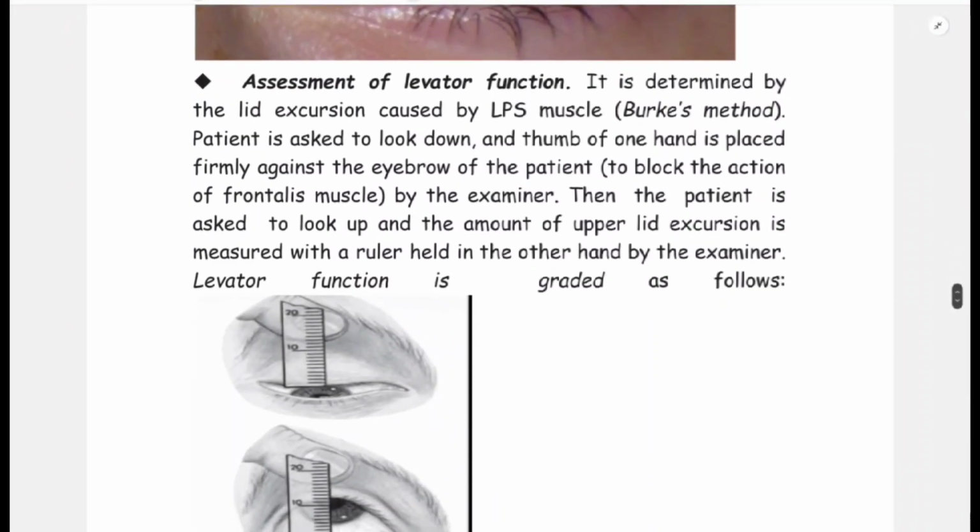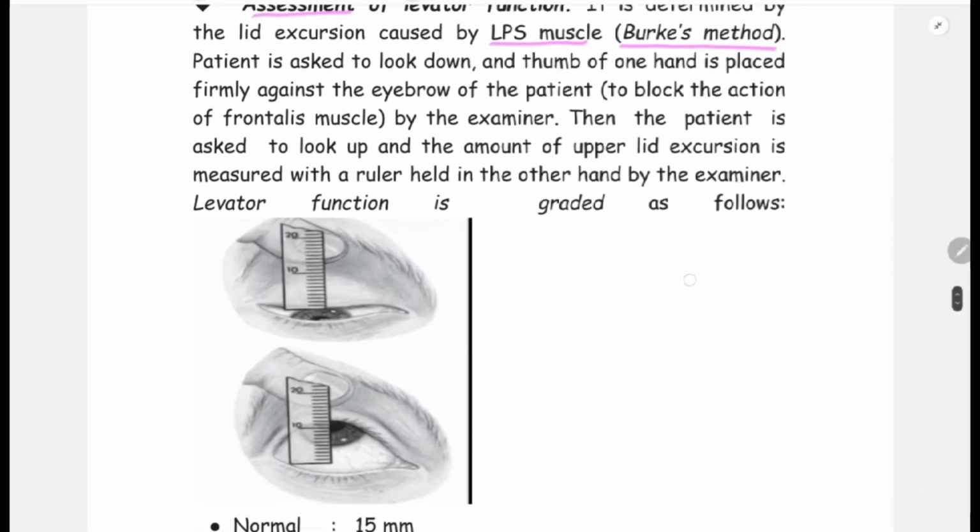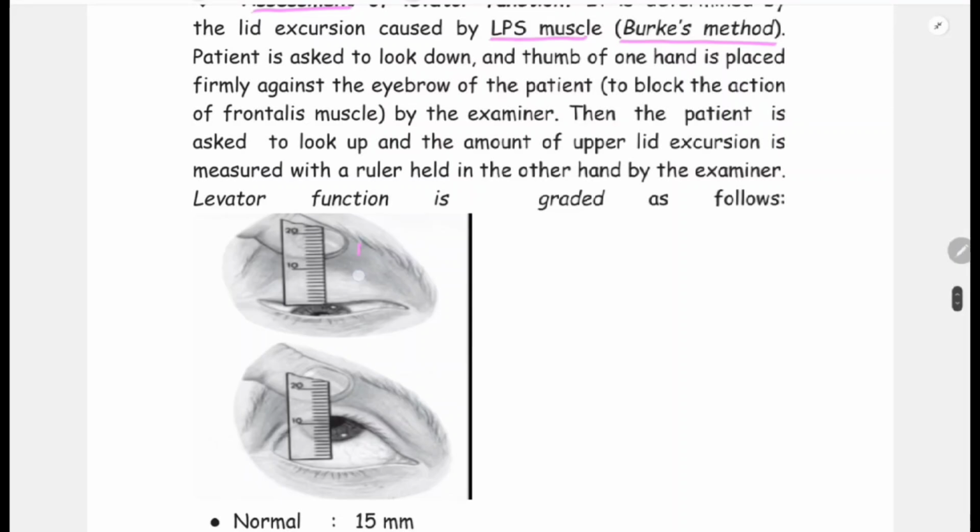Next, coming to assessment of levator function. Now it is determined by the lid excursion caused by the LPS muscle. That is the Berke's method. Here the patient is asked to look down. And the thumb of one hand is placed firmly against the eyebrow of the patient to block the action of the frontalis muscle by the examiner. Then the patient is asked to look up.